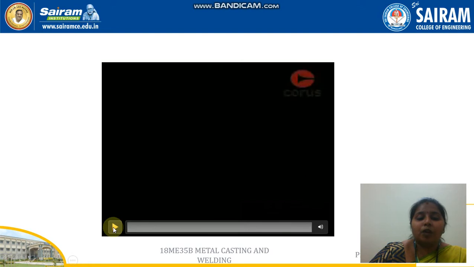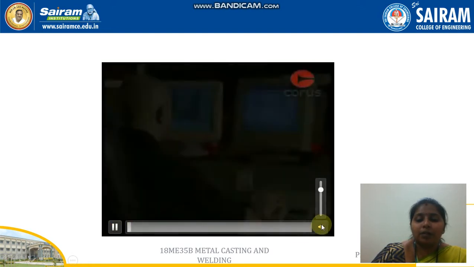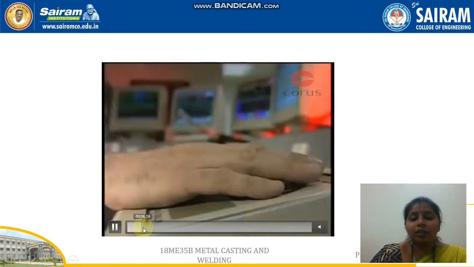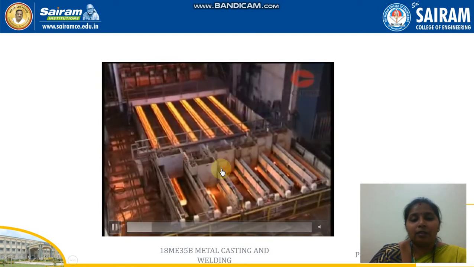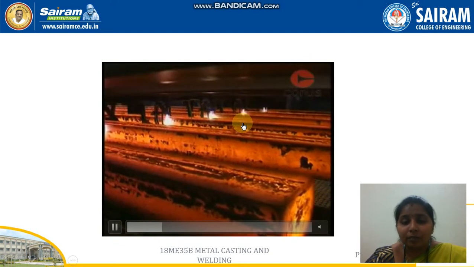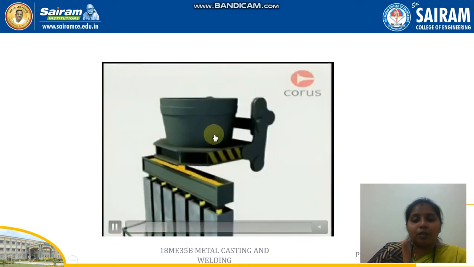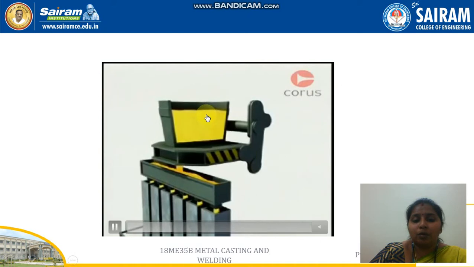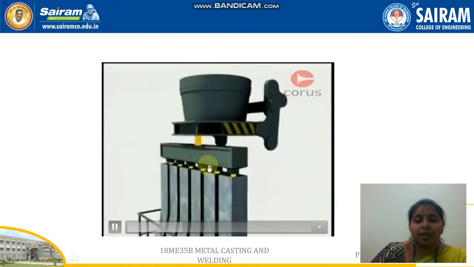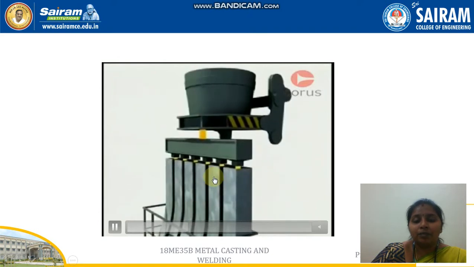So here is a video about this continuous casting process. This is how the continuous casting is done. This is for producing the iron bar. This is the arrangement where there is a ladle in which the molten metal is maintained. The molten metal is continuously supplied.